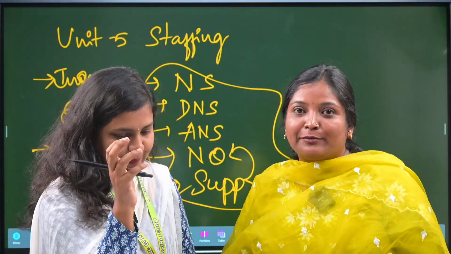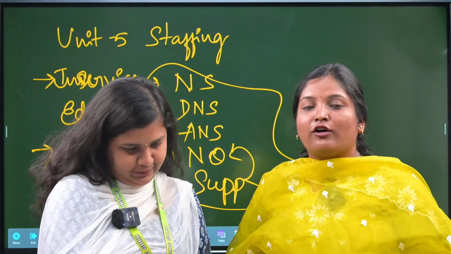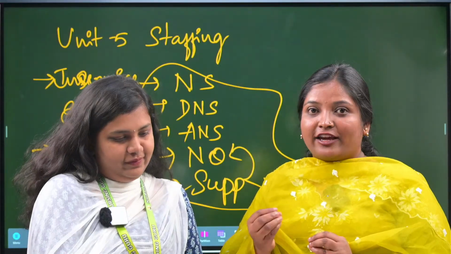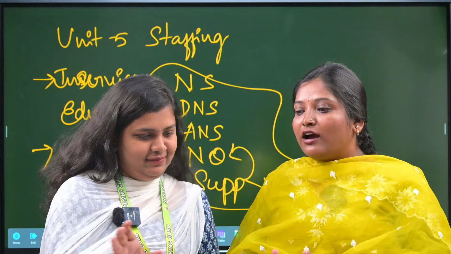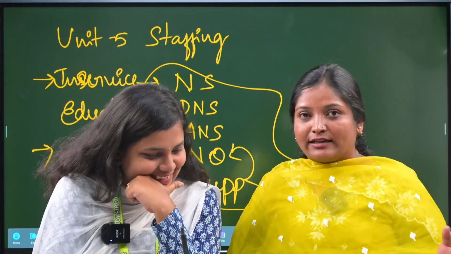For your welfare, when you retire from your job, you will get a certain amount, as well as healthcare insurance for your family members and for you also. Those are the things provided for staff welfare. That is what you have to study.